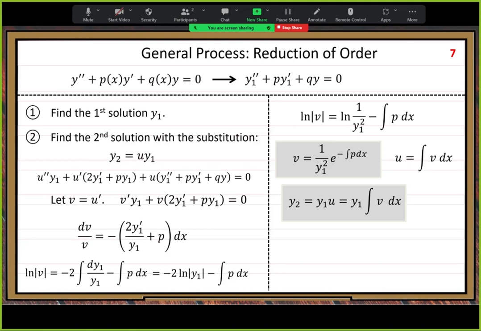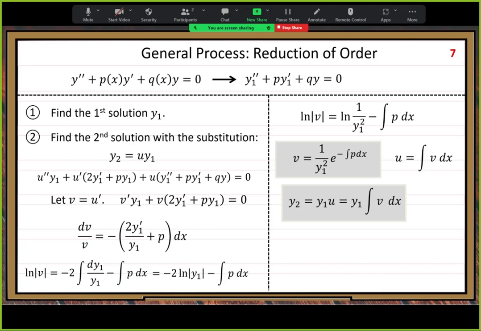But you should know how to derive them, because we should understand the techniques, these two substitutions. Sometimes we need to apply these techniques ourselves.